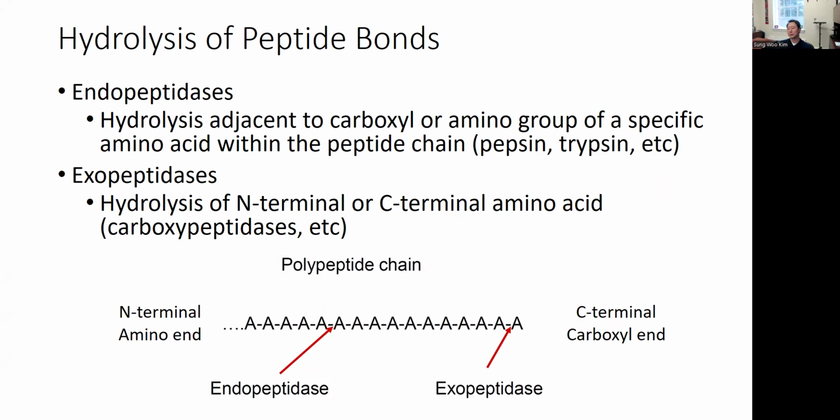Right. So the action of cleaving the peptide bonds, depending on the type of enzyme, can cleave the peptide bonds in the middle of a peptide or at the end of peptides, either the carboxyl end or the amino end.